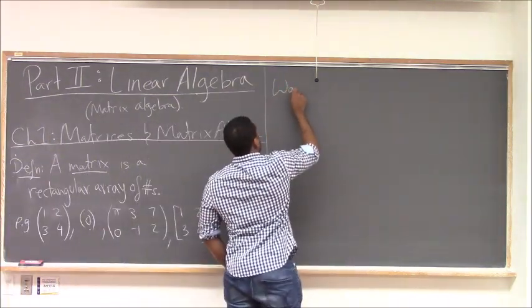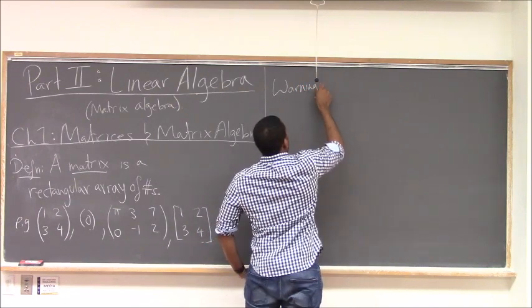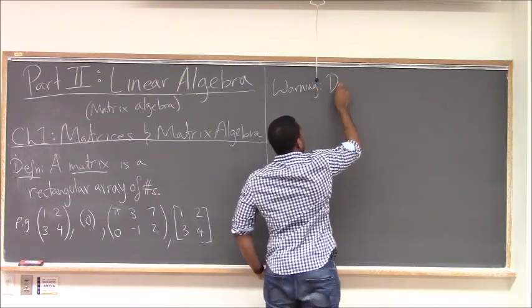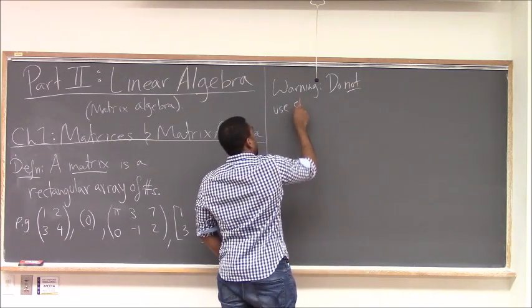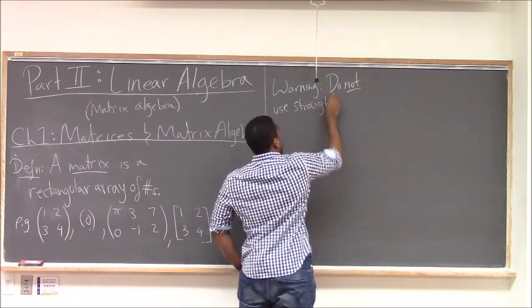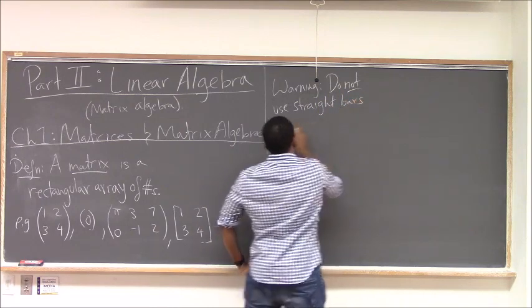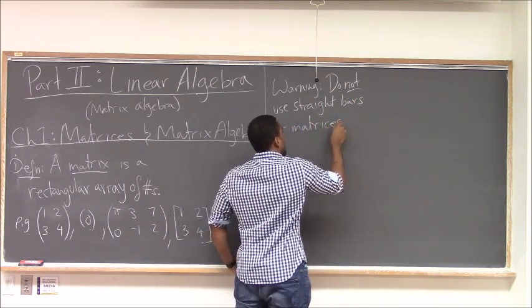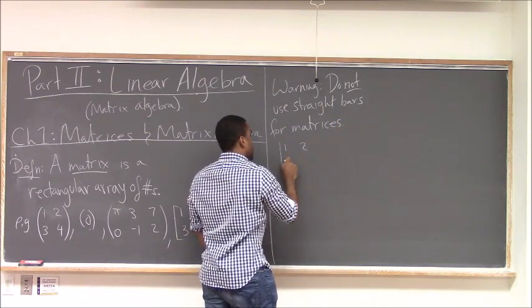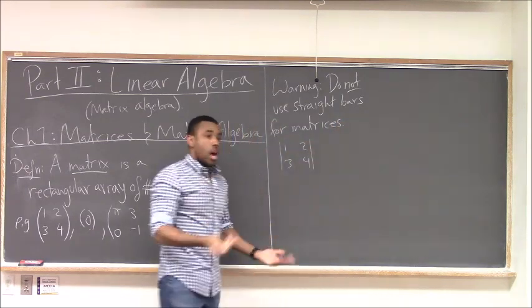Warning. Do not use straight bars for matrices. If you look at 1, 2, 3, 4 with straight bars, this is not a matrix.